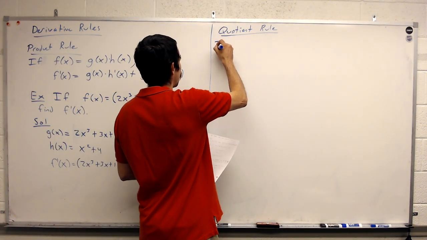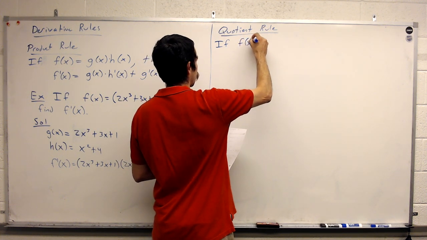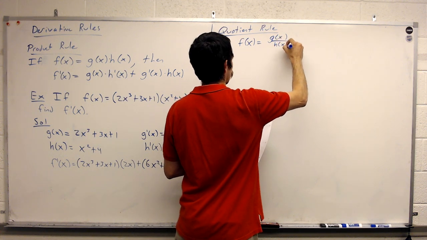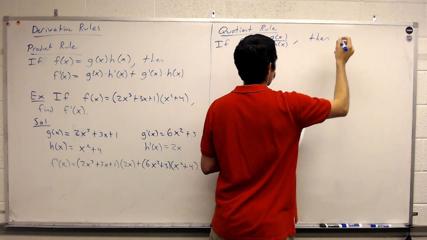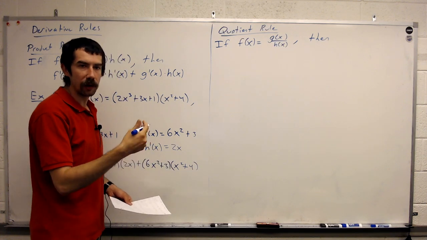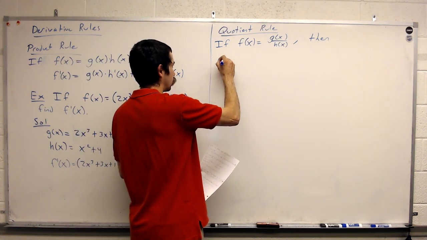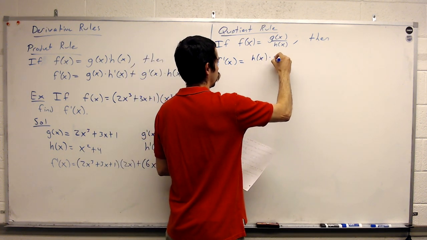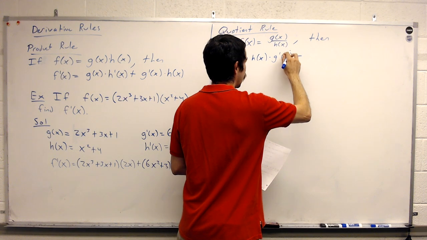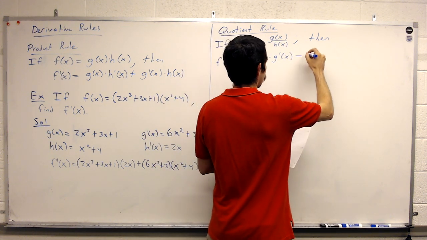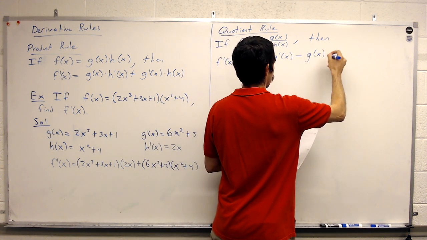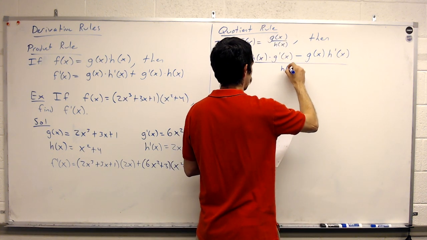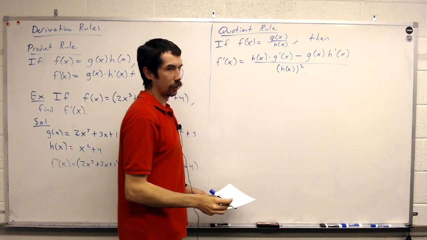It says if f of x is equal to g of x over h of x, then to take the derivative of a quotient, it's h of x times g prime of x minus g of x, h prime of x, all over h of x squared.